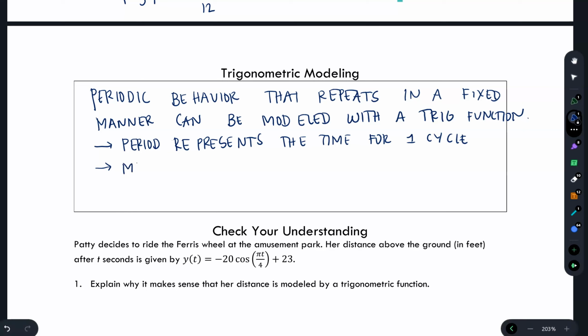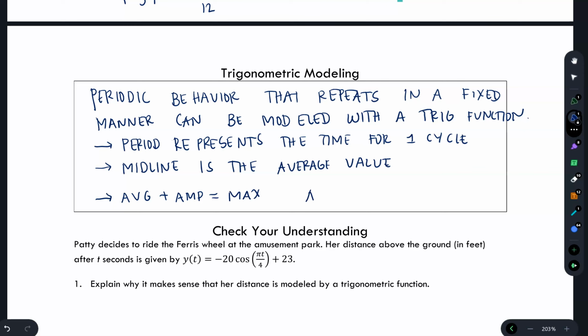Midline is the average value. And then your average plus your amplitude is your max, and the average minus your amplitude is your minimum value.